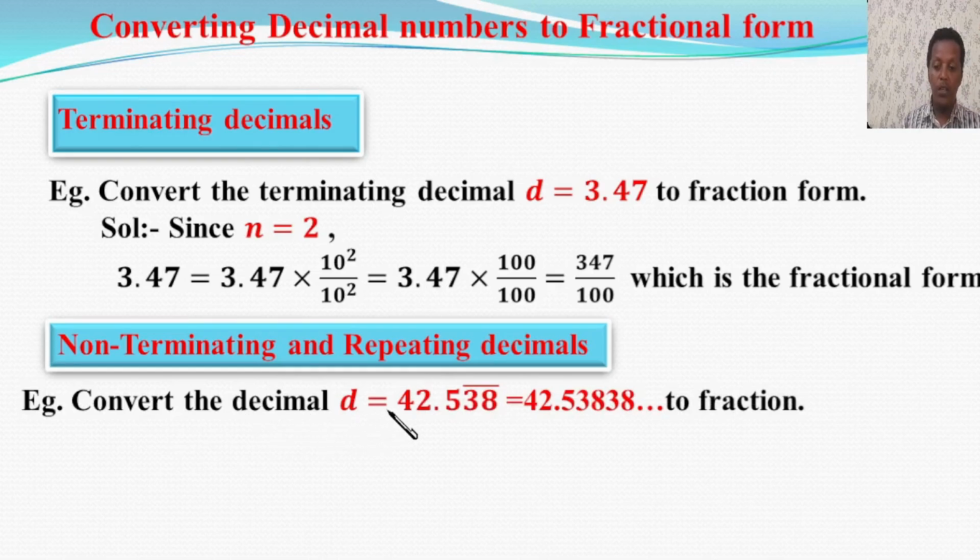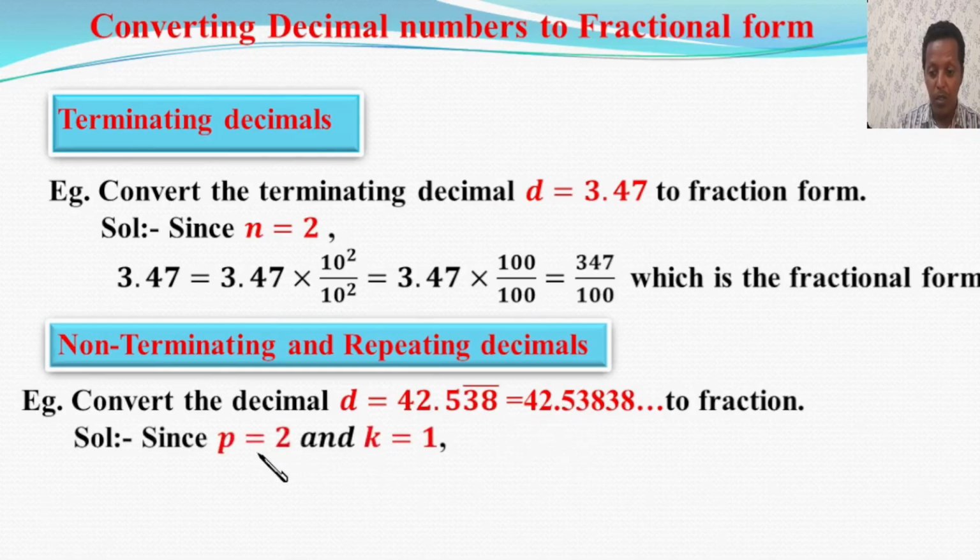Convert the decimal d, 42.538 repeating. 3 and 8 repeats again and again. So this is what? Non-terminating plus repeating decimal. Non-terminating and repeating decimal. So to convert this into fractional form, first we need to determine the value of what?